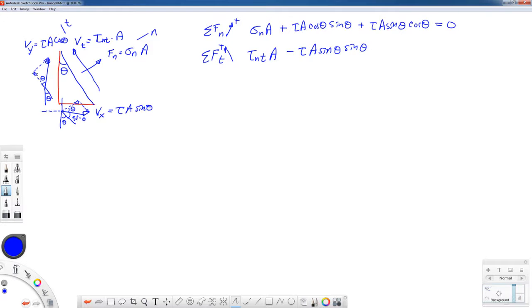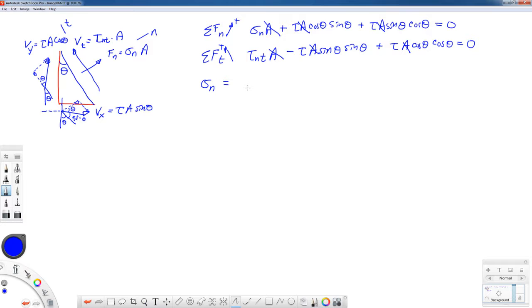In the plus t direction, I'm going to have the force tau a cosine theta, and in that case it's the cosine theta component. If you notice, the area of the inclined plane is common to all of these terms, so these terms drop out. And I can do a little bit of algebra to solve for sigma n and tau nt.